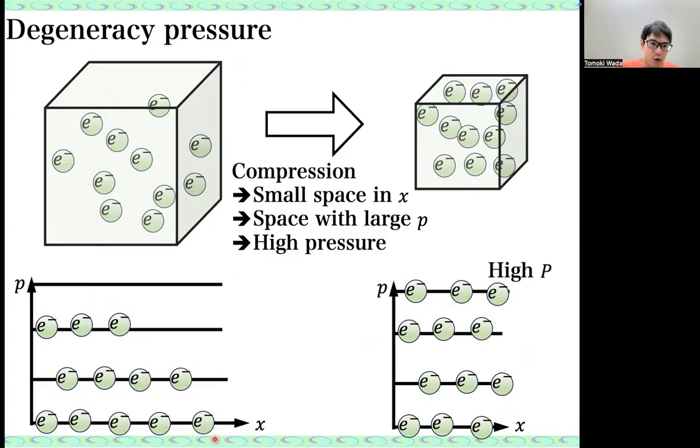So you should put these large X electrons at different places. You can put these electrons at higher momentum positions in the XP plane. As a result, it should affect the pressure. This pressure is called degeneracy pressure and is important in low temperature and high density cases.